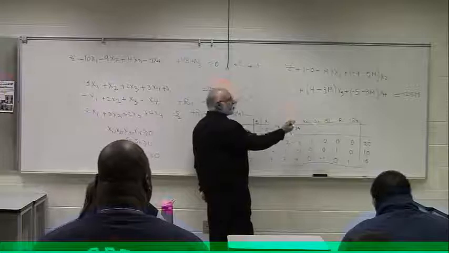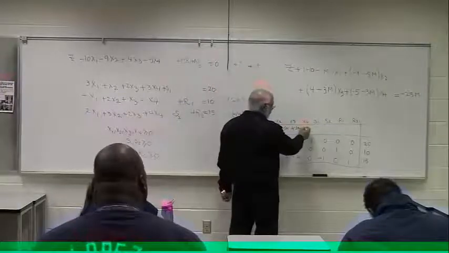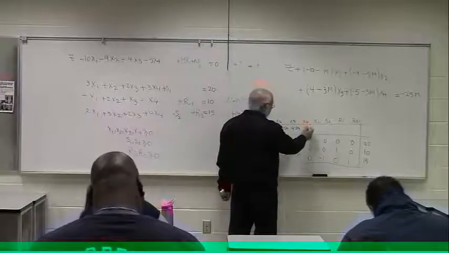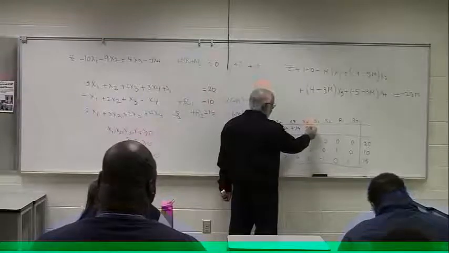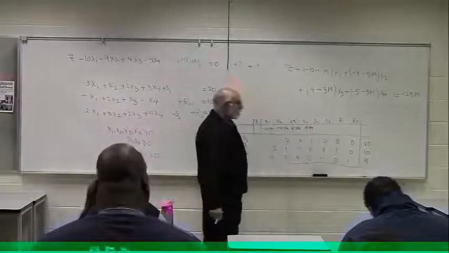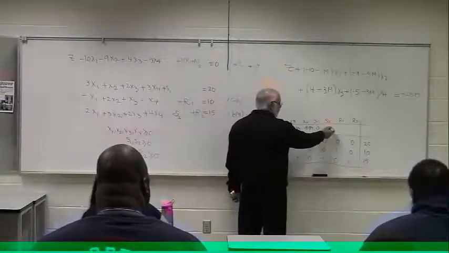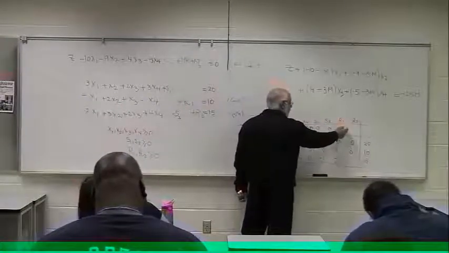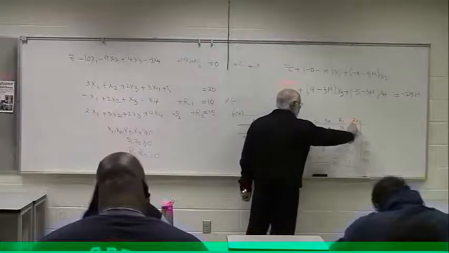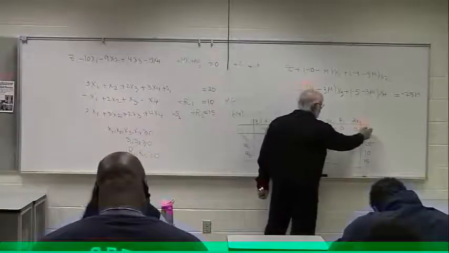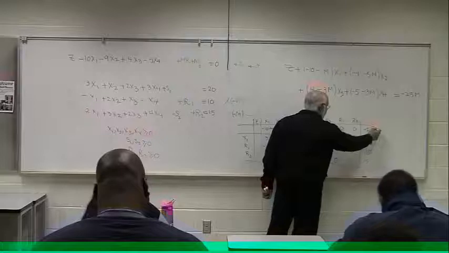Under x4 I have negative 5 minus 3M. Under S1 I have 0, under S2 0, under R1 0, under R2 0, and minus 25M.